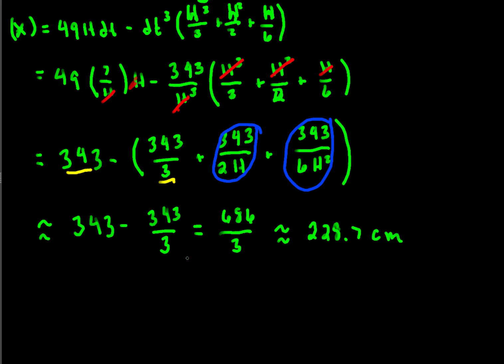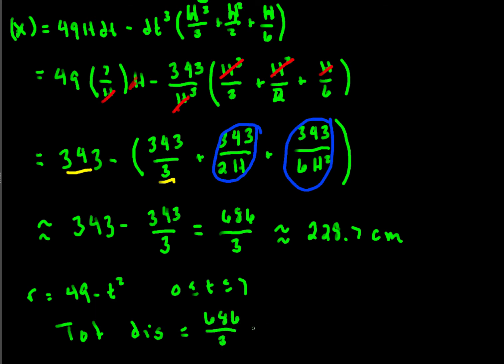And so we could say that if the rate the object is traveling is given by 49 minus t squared, 0 less than or equal to t less than or equal to 7, then the total distance traveled is, I'm going to put an equality, 686 over 3 centimeters.